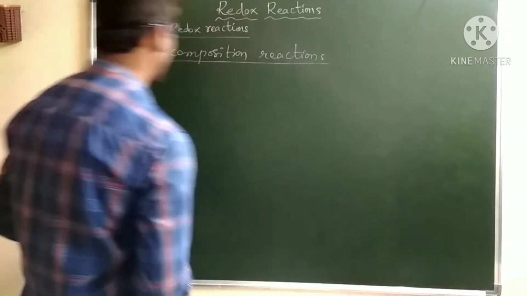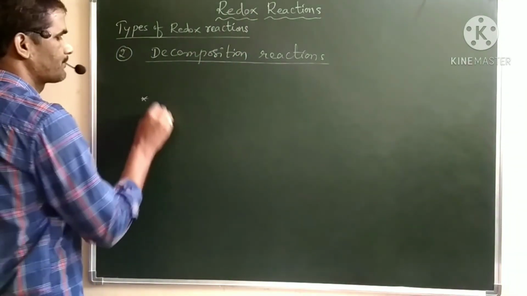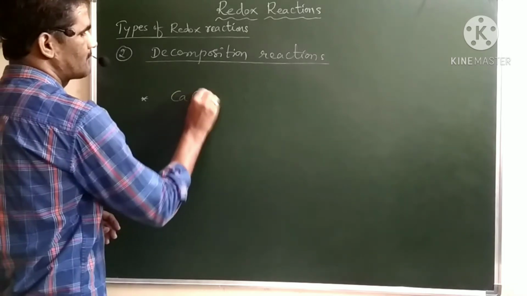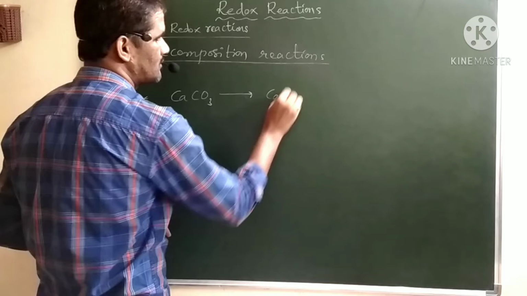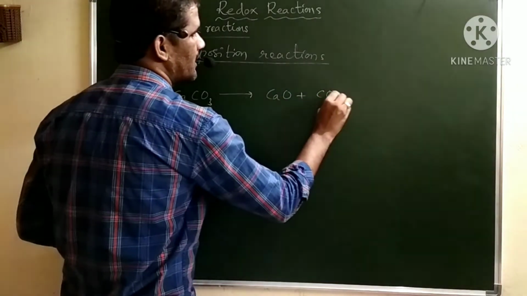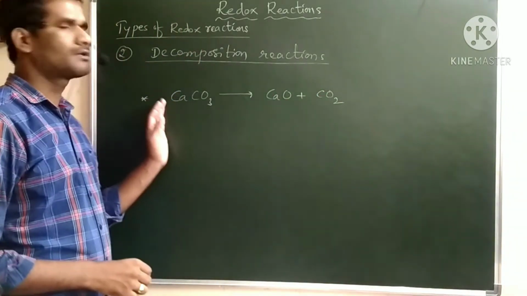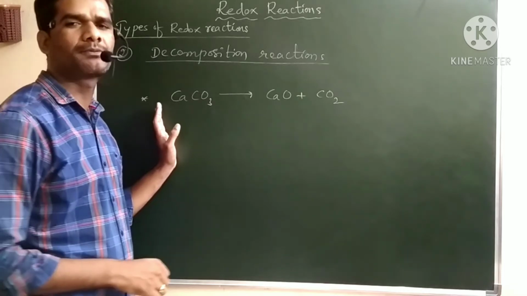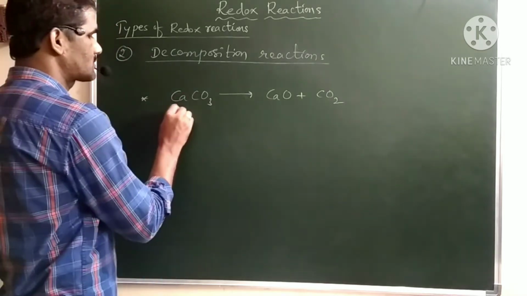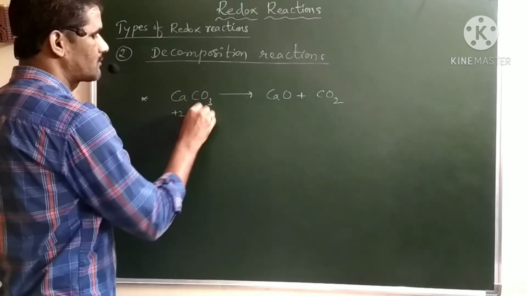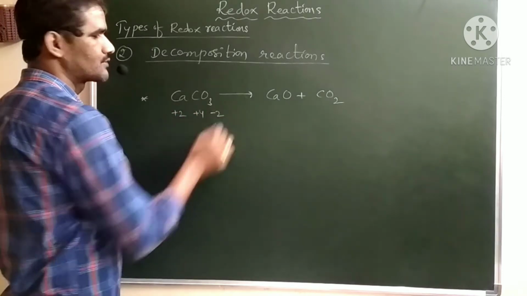If you want, we can take one example here. Decomposition of calcium carbonate forms calcium oxide and carbon dioxide. This is not a redox reaction, even though it is a decomposition reaction. Here calcium oxidation state is plus 2, carbon plus 4 and oxygen minus 2.